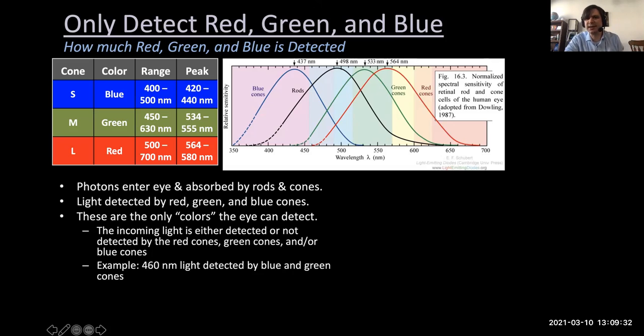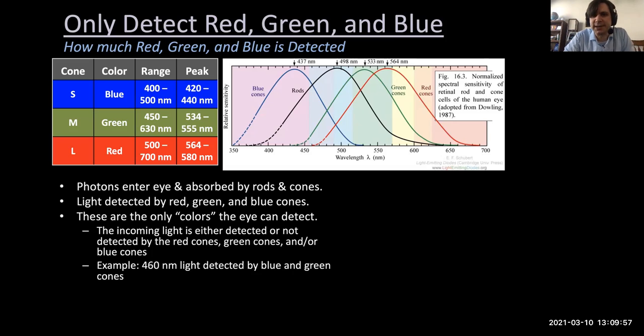Like if we send in a yellowish photon, it's going to be a whole bunch of yellow photons. Some of them are going to get absorbed by the red cones, some are going to get absorbed by the green cones. So we'll have both green and red going, hey, I see those. So we see green and red simultaneously. If we send in a yellow photon, we get activation of both of those cones.